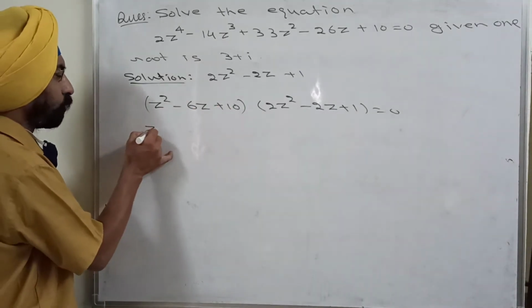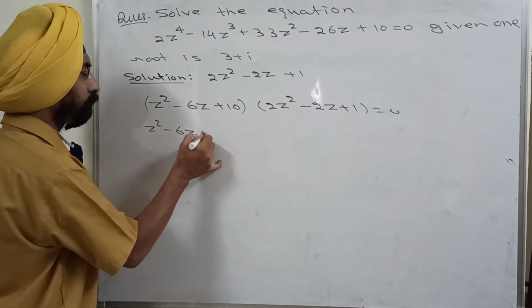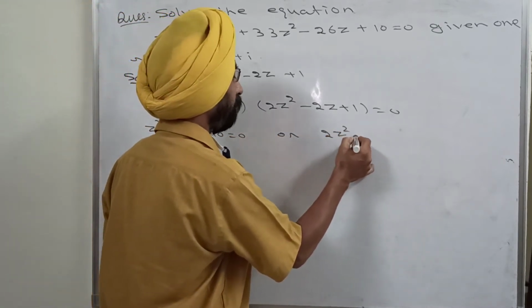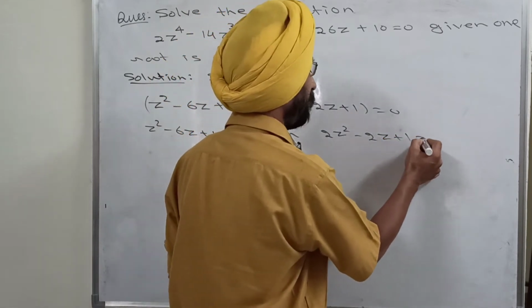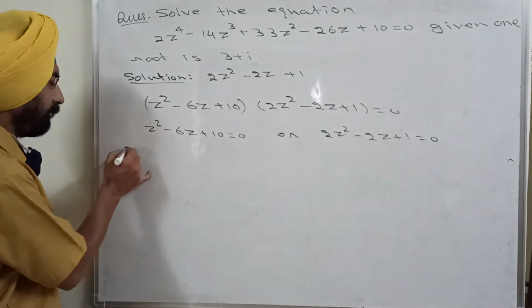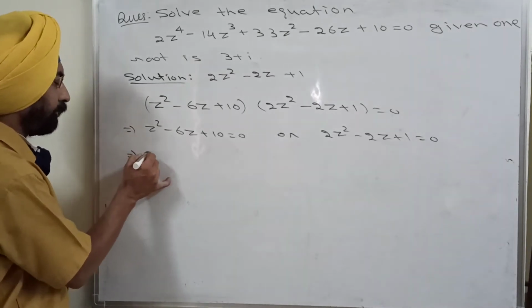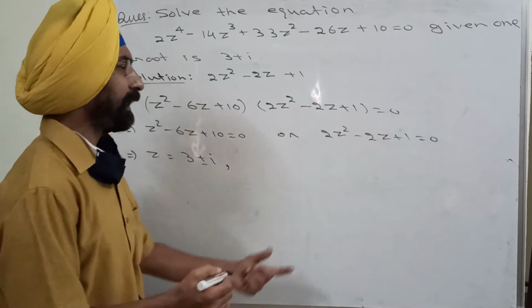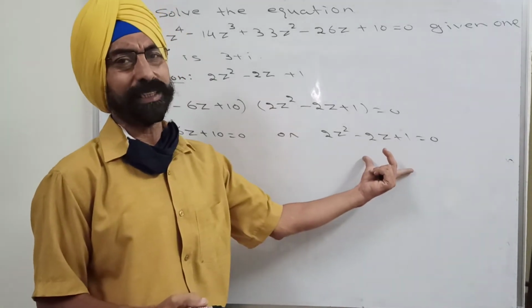So z^2 minus 6z plus 10 is equal to 0, or 2z^2 minus 2z plus 1 is equal to 0. If this is equal to 0, you know what the roots are. The roots are simply 3 plus minus iota, and this is a quadratic equation in z.